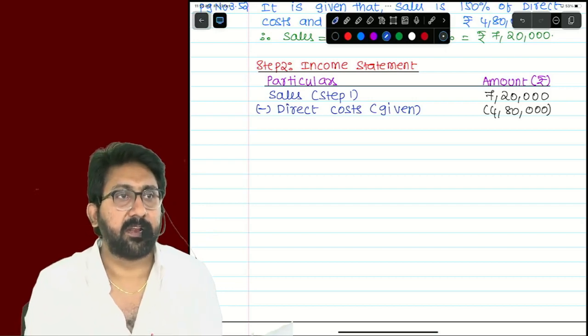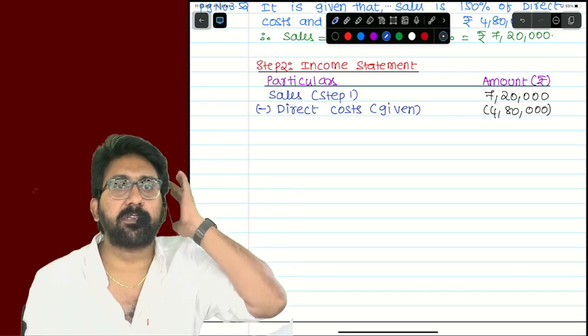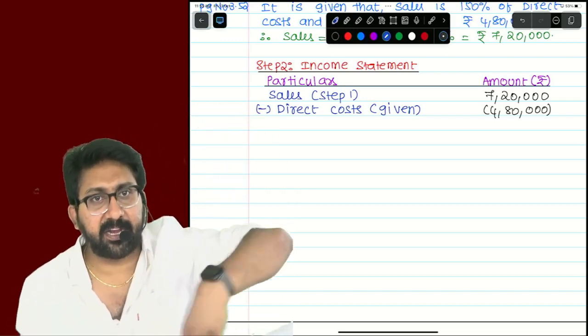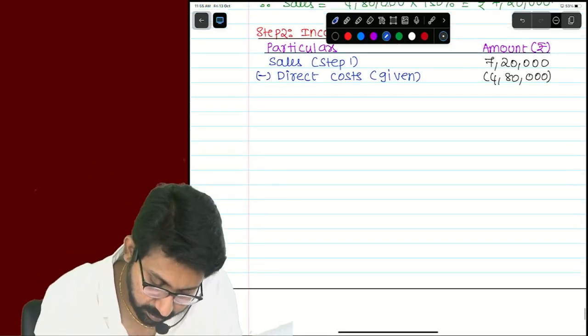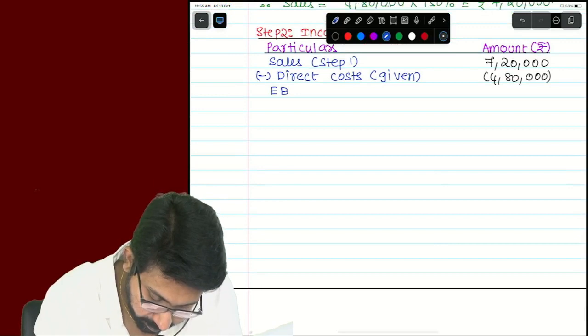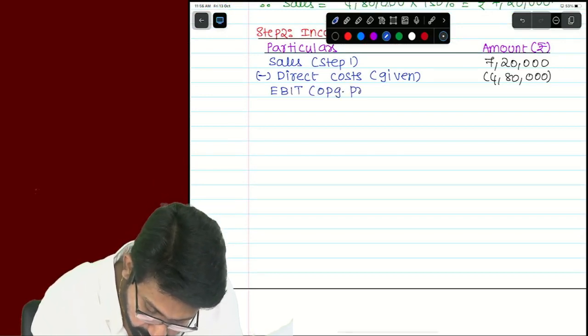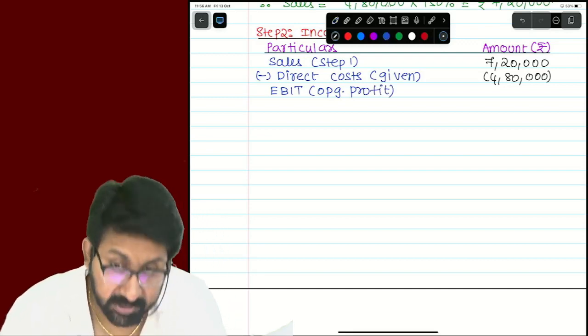Here in the question, fixed cost and variable cost are not given separately. Therefore, there is no concept of contribution, etc. Directly we will go into EBIT. In the brackets, write down operating profit. How much? Balance.